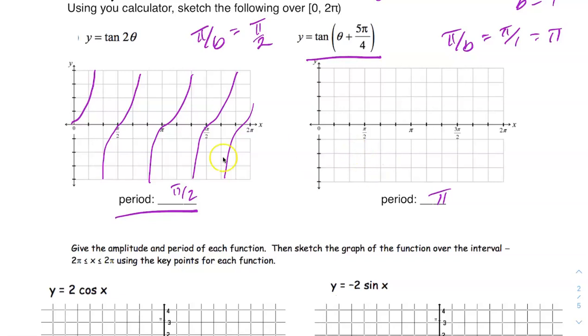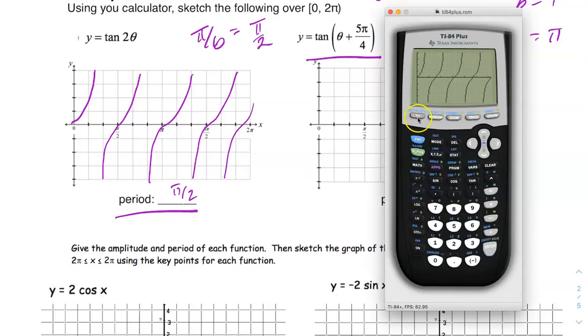Again, I'll just type that in my calculator and graph it. So y equals tan parentheses, theta, so x, plus 5 pi over 4. So 5 pi divided by 4. And we get a graph that looks something like this.